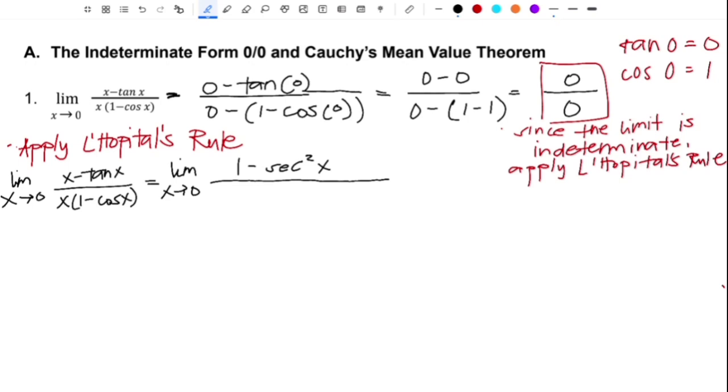Here we have a case where we need to decide what rule we can use. In this case, we can use the product rule. Is it product rule? Yes, it is product rule.